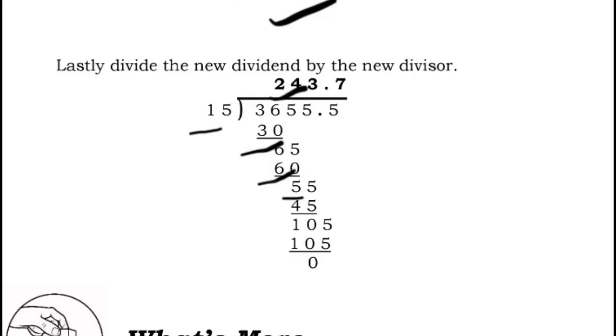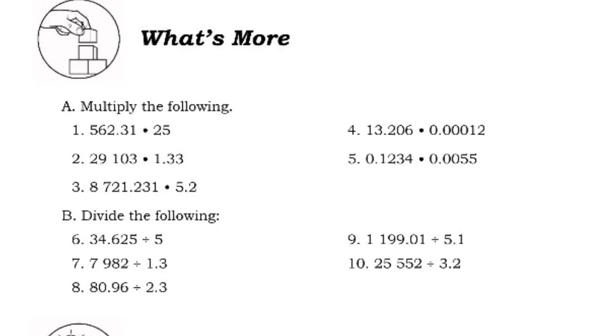Then 55 minus 45 is 10. Then bring down 5. 105 divided by 15 is 7. 7 times 15 is 105. So you're going to have your answer as 243.7.